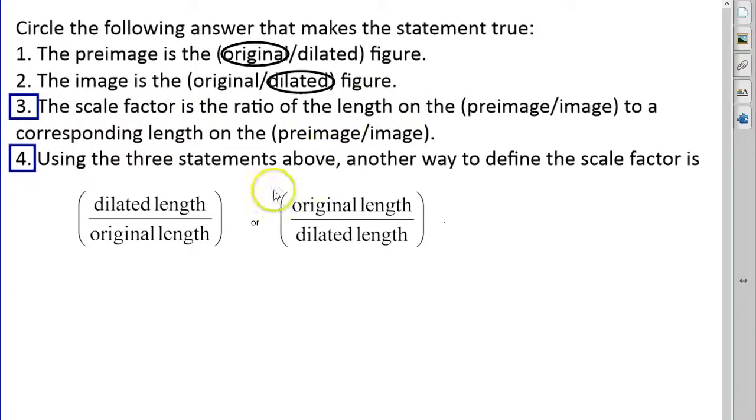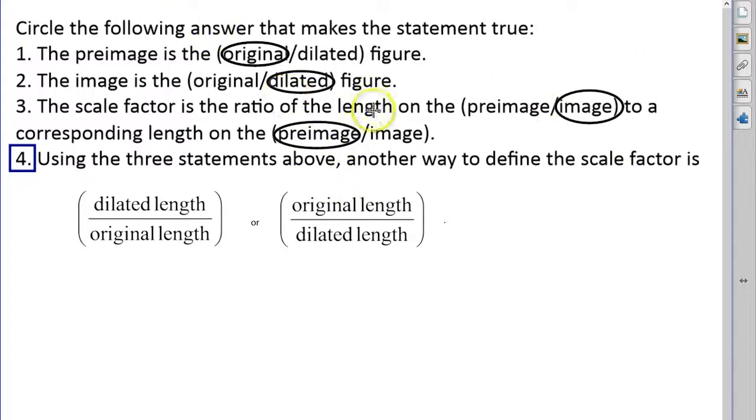So we'll go back to that previous slide if you need to, or in the book, or make a guess if you couldn't remember. And then see what your answer is. Hopefully you said the scale factor is the ratio of the length of the image to the pre-image. Okay. So now we have that.